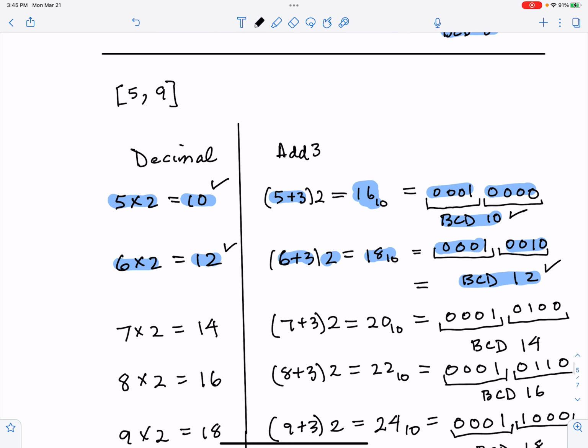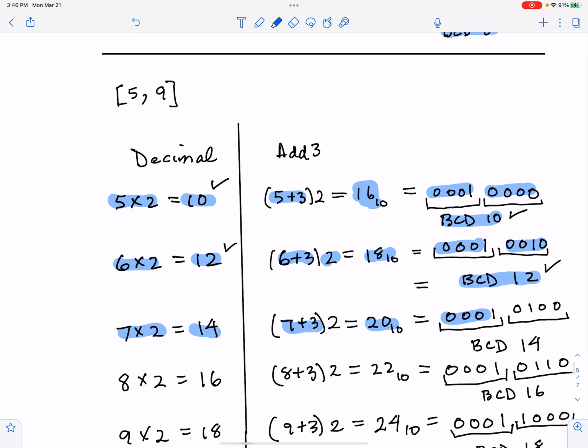You can go through all the combinations. 7 times 2 is 14. 7 plus 3, because 7 is greater than 4, or greater than or equal to 5. So 7 plus 3 is 10, times 2 is 20.